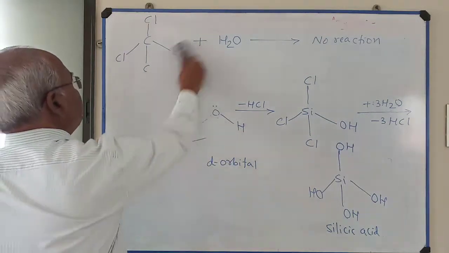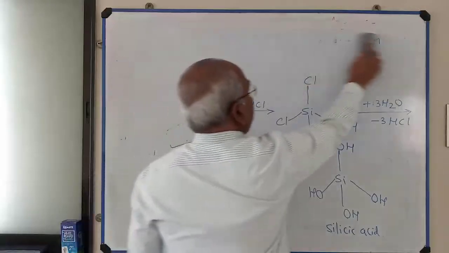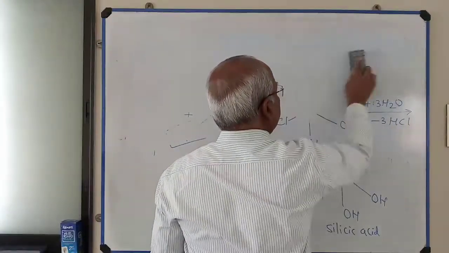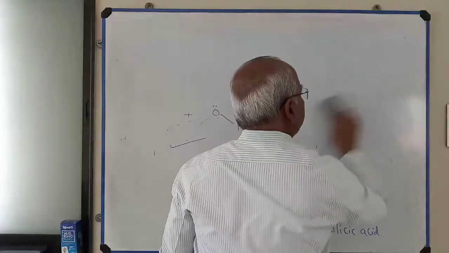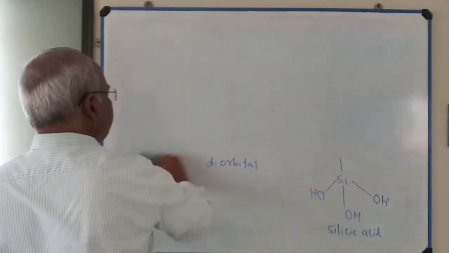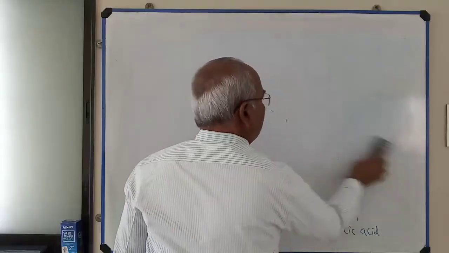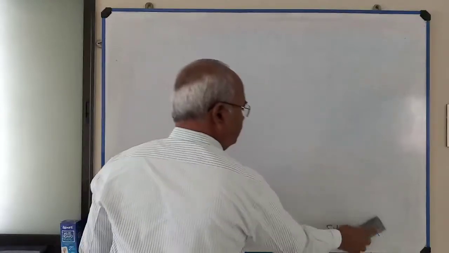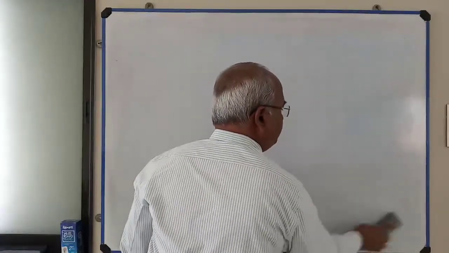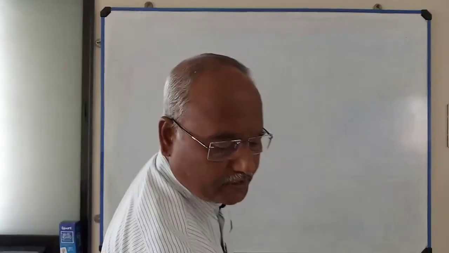After explaining this point, I am going to explain anomalous behavior of carbon. Carbon shows different behavior as compared to other members of the group. Anomalous behavior means different behavior.